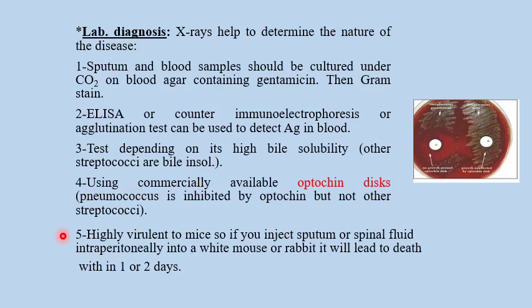So if you inject sputum or spinal fluid intraperitoneally into a white mouse or rabbit, if the sputum contains the organism, death of the mouse or the rabbit will happen within 1 or 2 days. But of course this test is expensive, so the tests that are used more are number 3 and number 4.